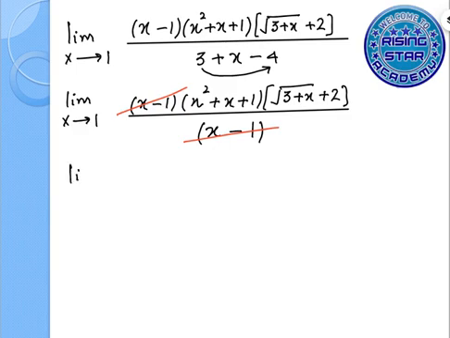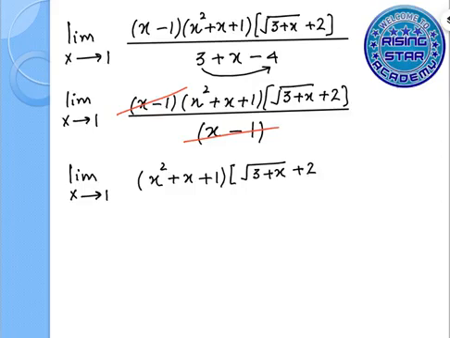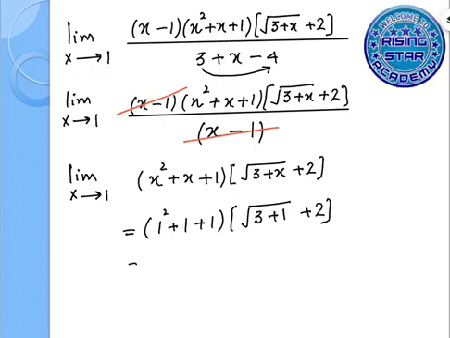Now we have limit x approaches 1 of (x² + x + 1) into (3 + √(x + 2)). Now I will put the limit. So 1 squared would be 1. X is replaced by 1. 3 + 1 + 2.